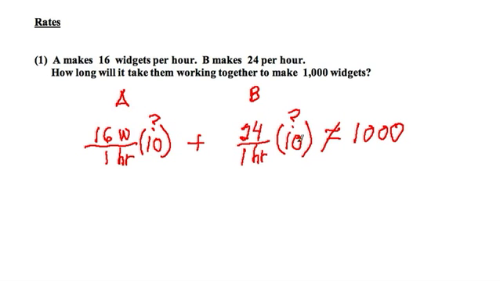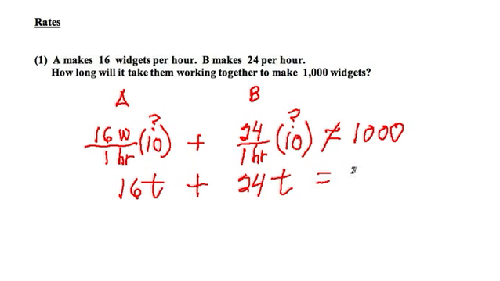So doing a guess and check would take a while to get there, but this will help us set up our algebra. Whatever the true value for time should go here. So it would be 16t plus 24t.